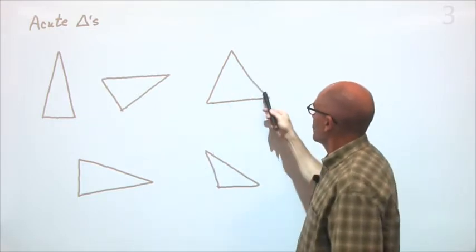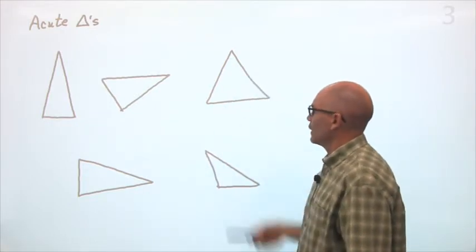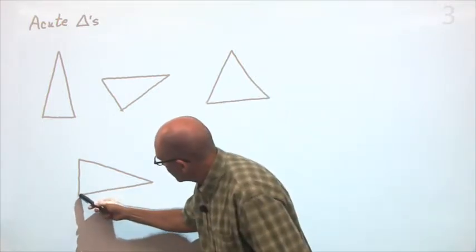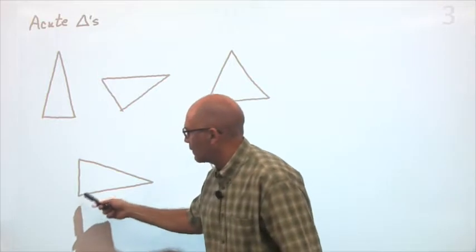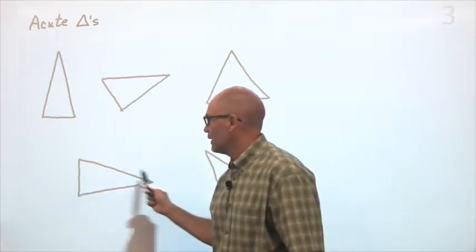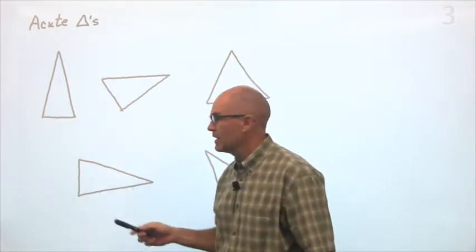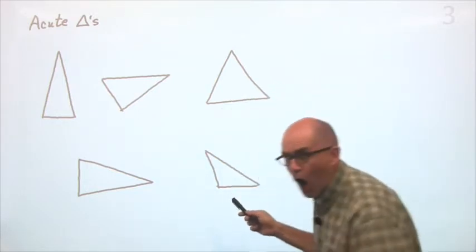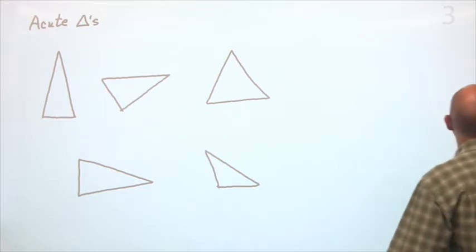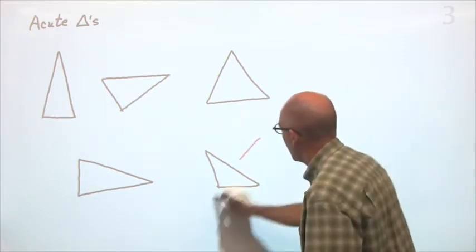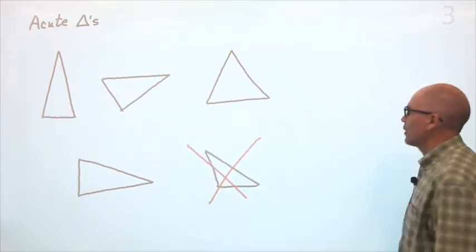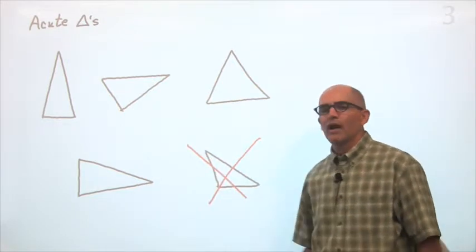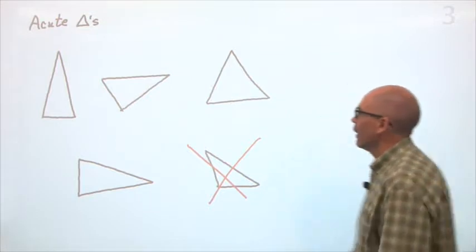All 3 angles look like 60 degrees here, so they're all acute. Here's one that looks almost 90 degrees, but not quite. So these are all 3 angles acute. This one! This is the culprit! So this is not an acute triangle because it has an obtuse angle in it. So all 4 of these are acute triangles.